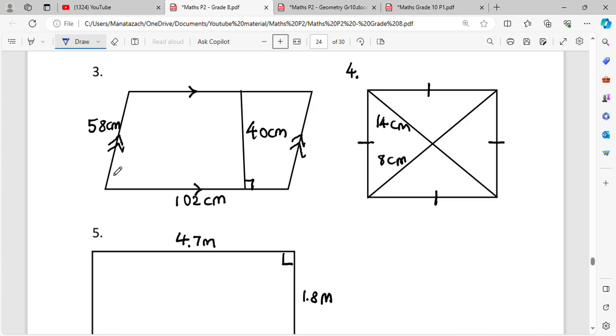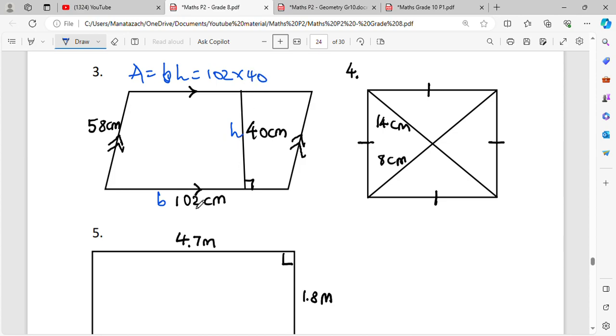Question 3, this is a parallelogram. So we have B of the parallelogram and we have H. The area of the parallelogram is B times H. So here we'll have 102 times H, which is 40.